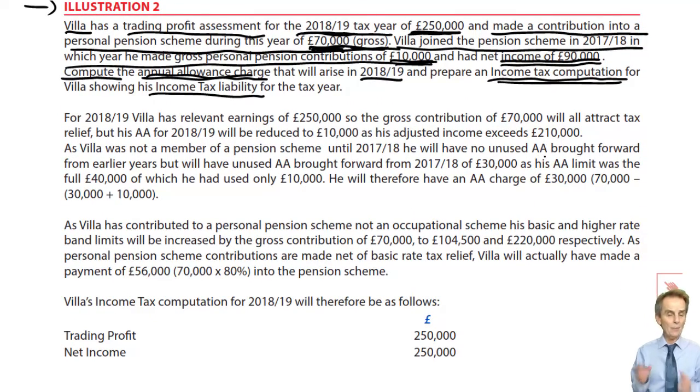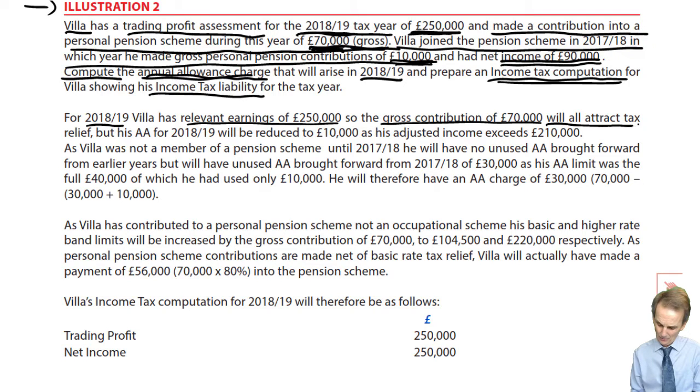Now, let's go through this. As we've just said in that brief introduction, for 18-19, he's got relevant earnings of 250, a gross contribution of 70, so all of that will attract tax relief. But his annual allowance for 18-19 is going to be less.